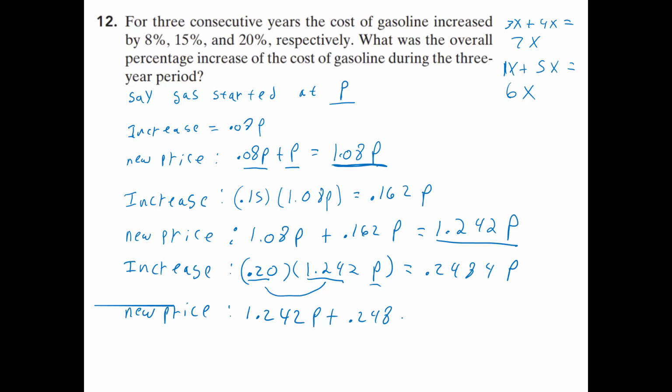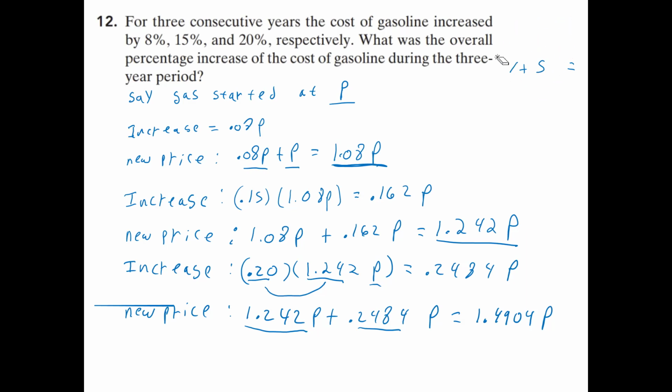Forgot the p there. 1.242p added with the 0.2484p is 1.4904p. So again, to combine like terms, we just add the coefficients. So we're just going to add those together, and we get 1.4904 times p.